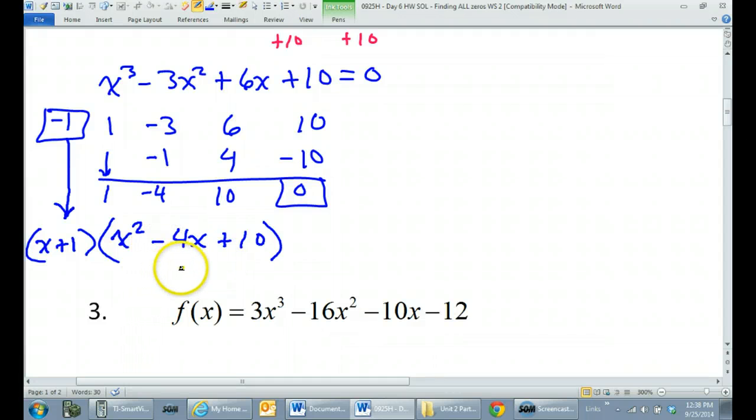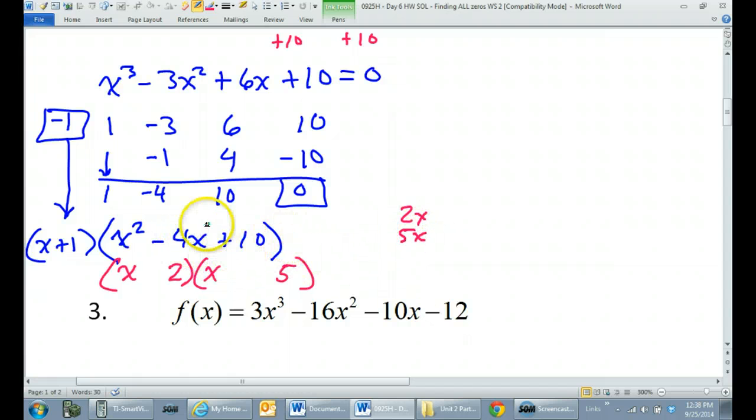Okay, now as I try to factor this, let me just switch colors for a second. As I try to factor this, I look at x squared and I'm thinking x times x. I look at 10, I'm thinking 2 times 5. That's not going to work, all right? Inner plus outer has to equal middle. And so I'll have 2x and 5x. There's no way I'm going to get 4 out of that.